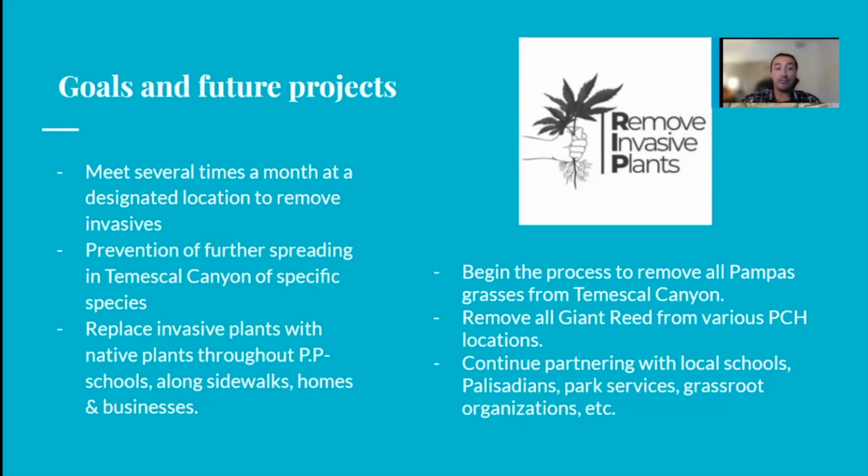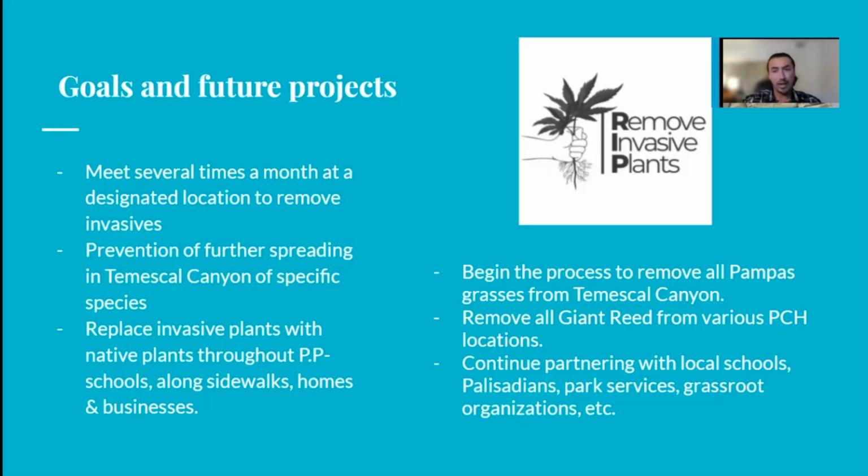We would like to prevent, of course, the future growth and spread of other non-native invasive plants that seem to be finding their way here. Certainly after the fire, there are some new ones that I've been finding that we want to really control and prevent from spreading. And of course, we want to replace those invasive plants with native plants.